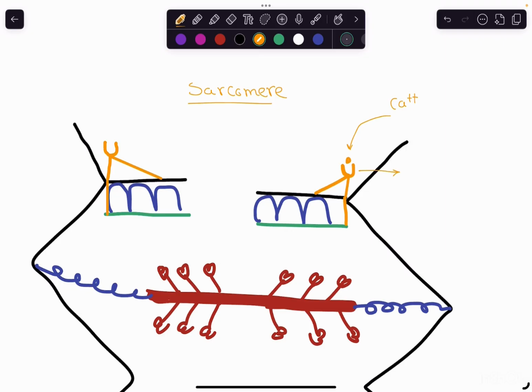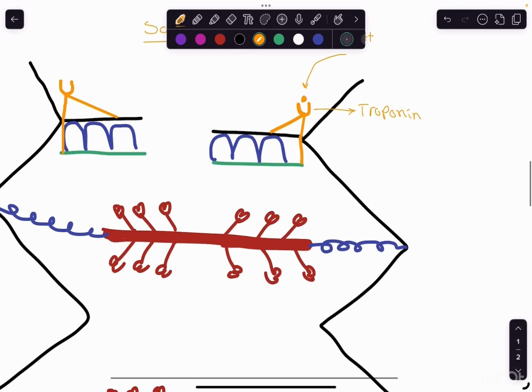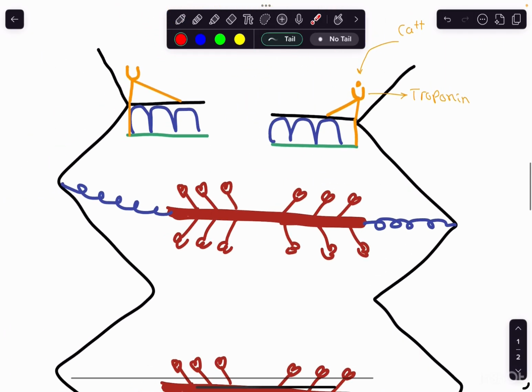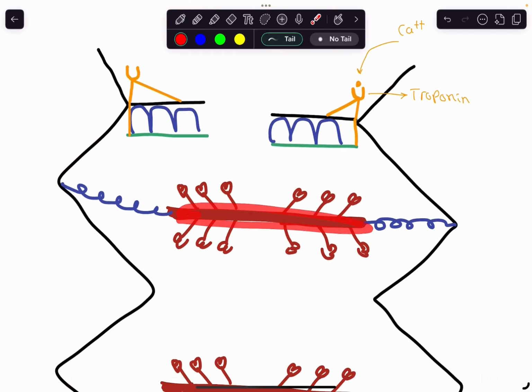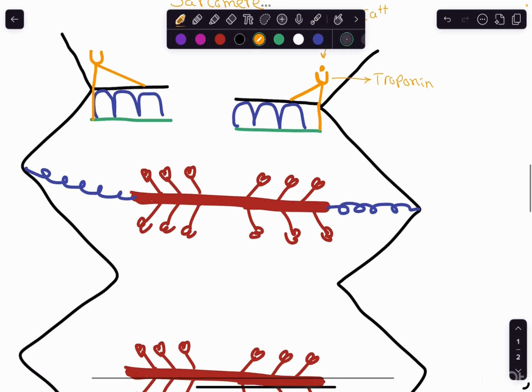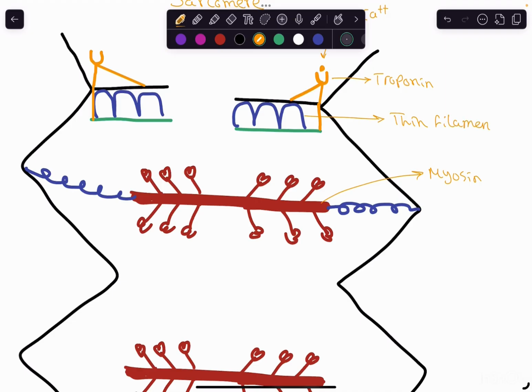It is called troponin. Just to give you some orientation on this diagram as well, this thick filament is called myosin. And the other one, the thin filament, is called actin.